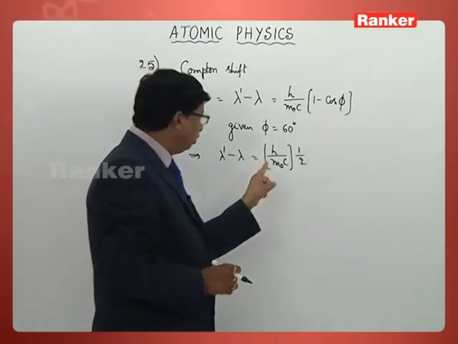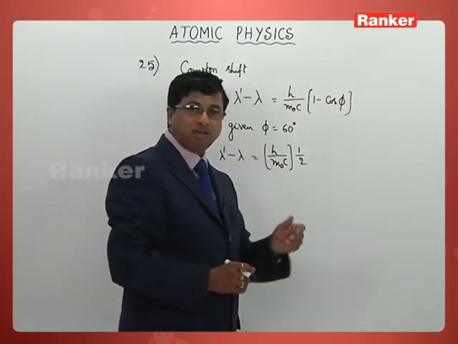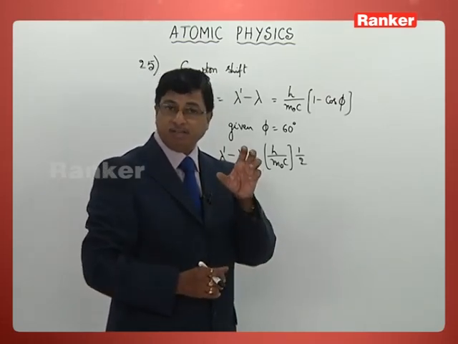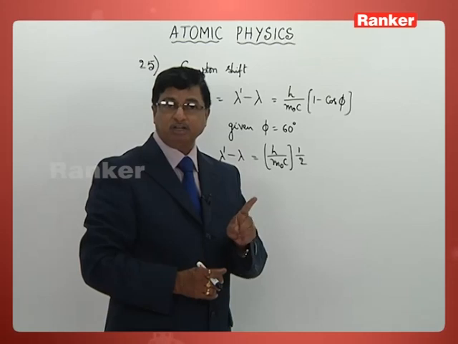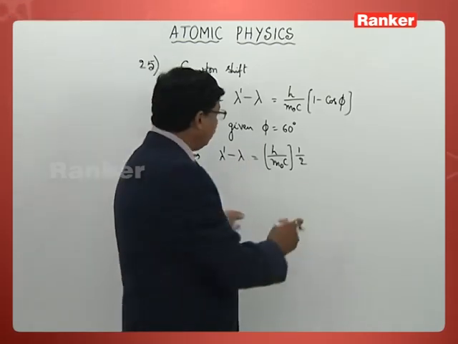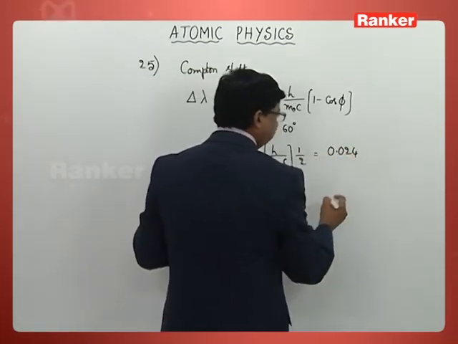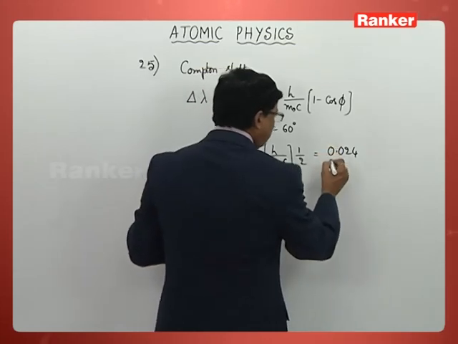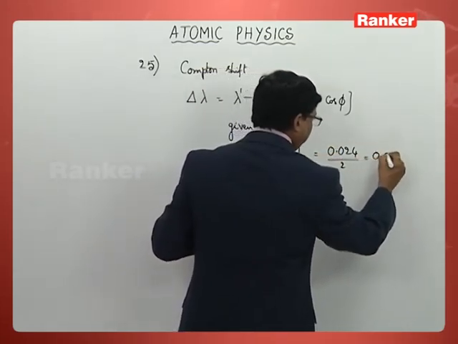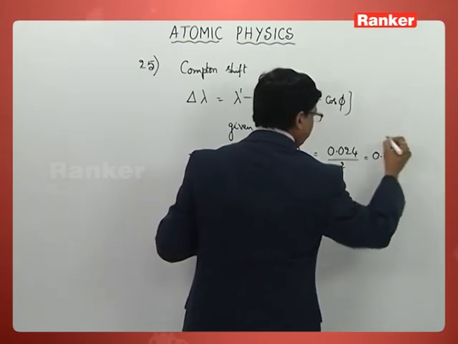But you need to remember the value of h by m naught c thoroughly. I have already given you that value, h by m naught c, which is called the Compton wavelength. It is 0.0242 angstrom units. So you can write this value as 0.024 by 2. So what is this value now? 0.012 angstroms.